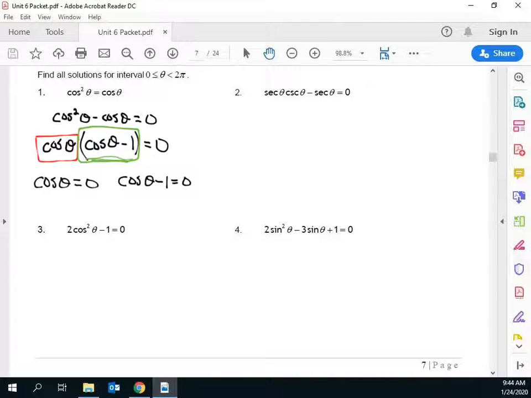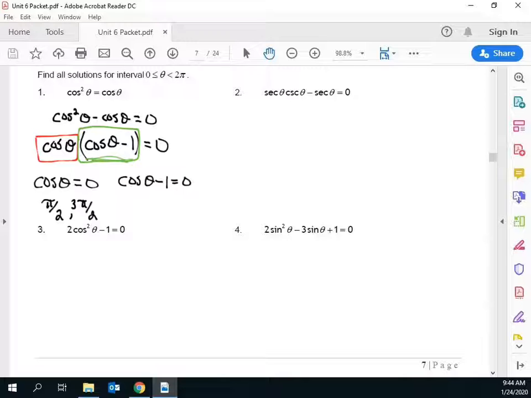Where's cosine equal to 0? Where's x equal to 0? Where's x equal to 0 on the unit circle? Bless you.